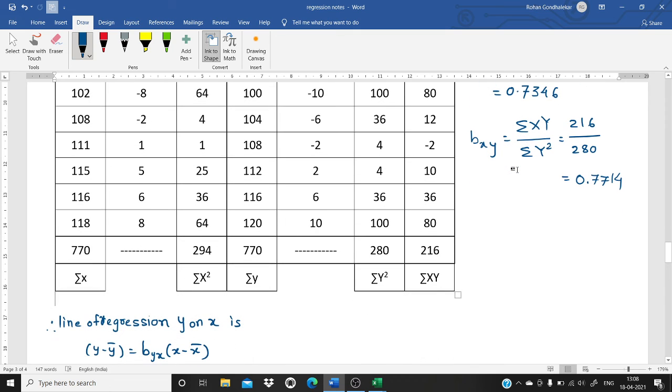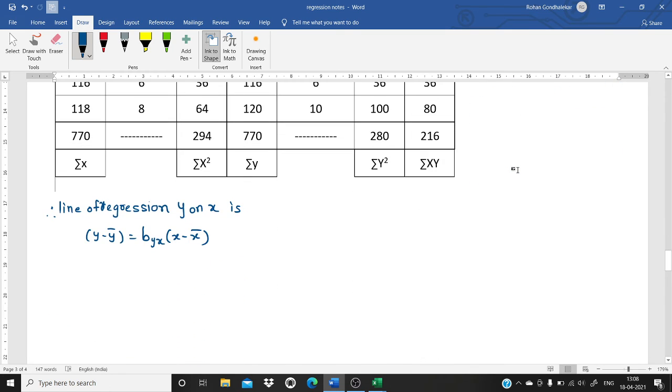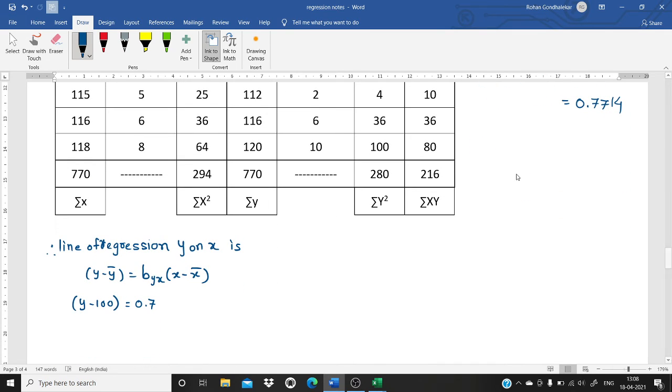And what is byx? 0.7346. Substitute then: y minus 110 is equal to 0.7346 into another bracket, x minus 110. Here also actually 110. Okay. Now simplify this as y is equal to a plus bx. So we write y is equal to, we shift this minus 110 to the right hand side. We get this.